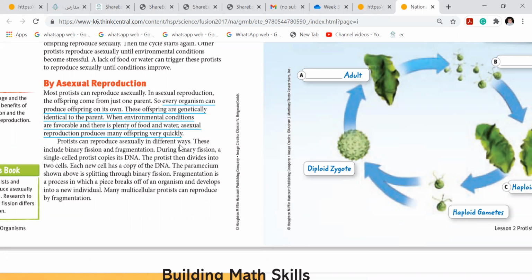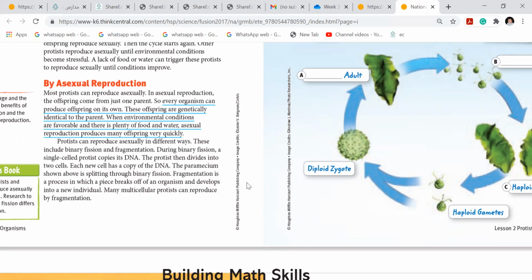When environmental conditions are favorable and there is plenty of food and water, asexual reproduction produces many offspring very quickly. They can undergo asexual reproduction by binary fission. That means in binary fission, it copies its DNA. Remember, that becomes two. I have shown you a single cell become two.